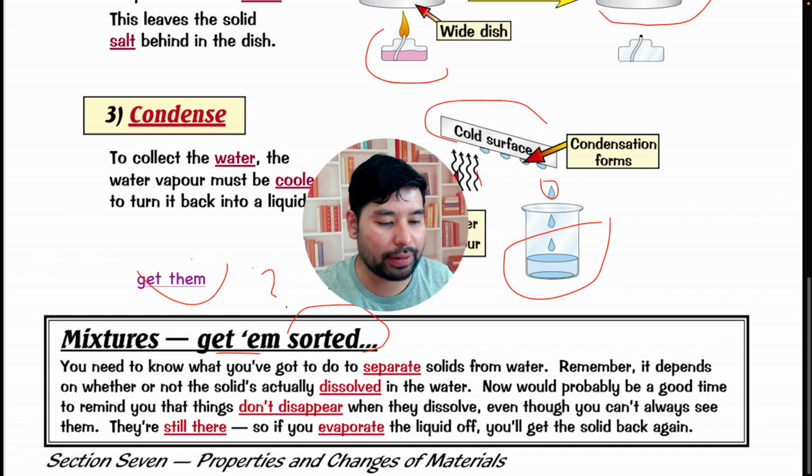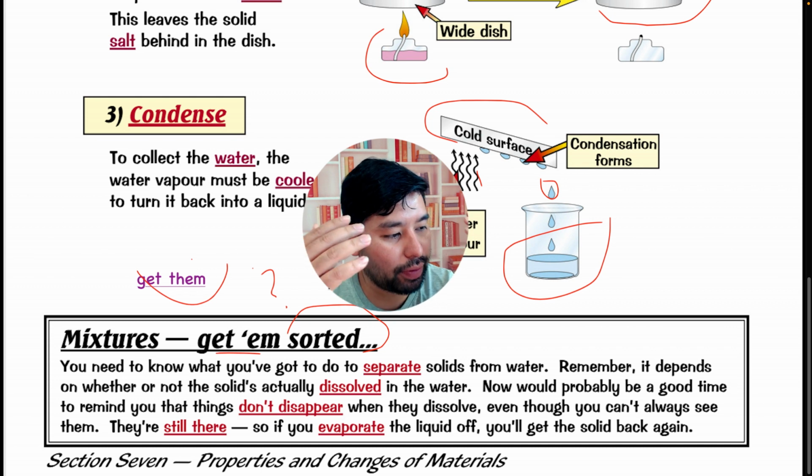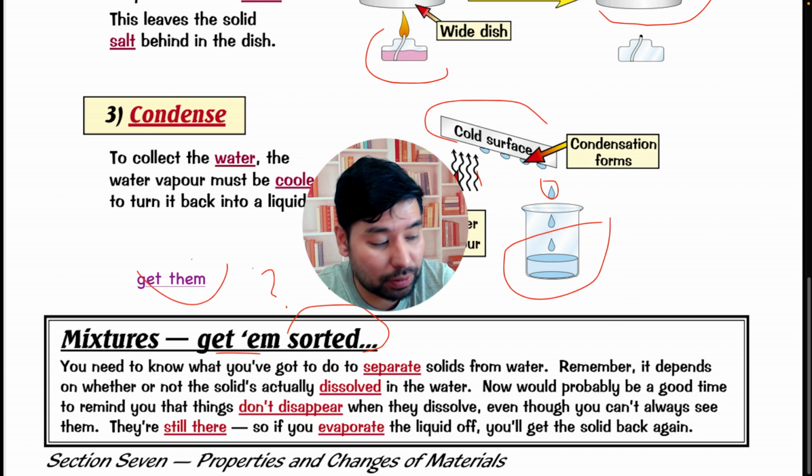Just listen to that. You need to know what you've got to do to separate solids from water. Of course, you have to know that. Remember, it depends on whether or not the solids actually dissolved in the water.